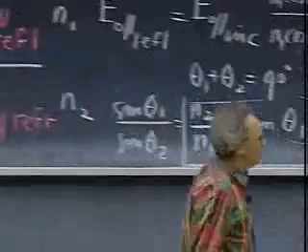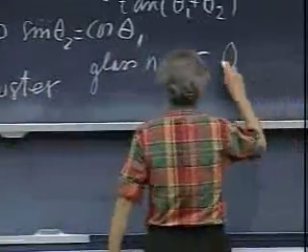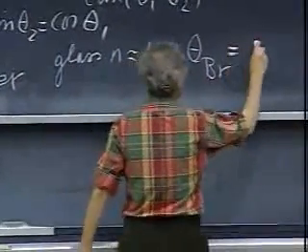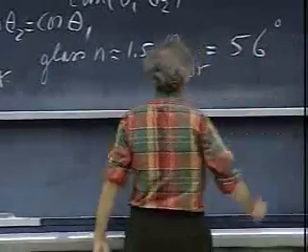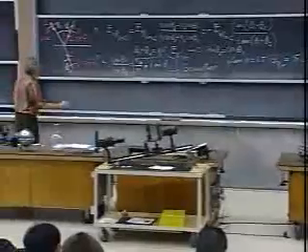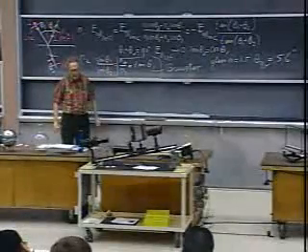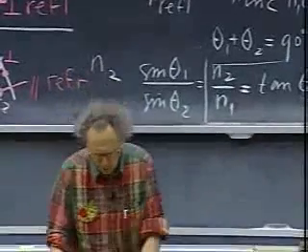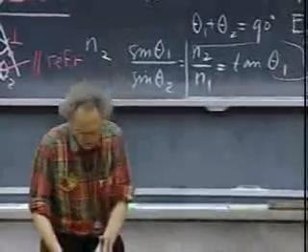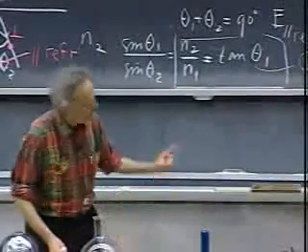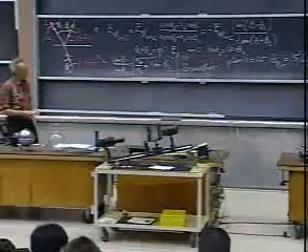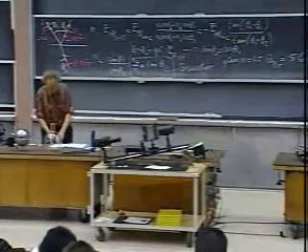Then you will find that the Brewster angle, theta Brewster, turns out to be about 56 degrees. I can also make linearly polarized light by going from glass to air, by bouncing it off this way. Then, of course, I have to invert this, and then you'll get a Brewster angle which is smaller, which is 34 degrees. But since I will do it from air to glass, I want you to concentrate on the 56-degree angle.